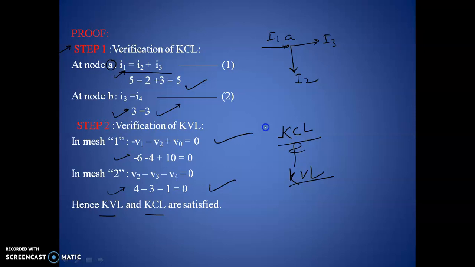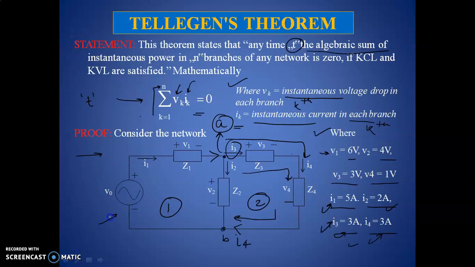So KCL was verified. And in KVL, around a closed loop, the summation of rising potential plus the summation of drop in potential must be equal to 0. So we have seen this. If KCL and KVL are satisfied, then what does it mean? It means this theorem is proved.